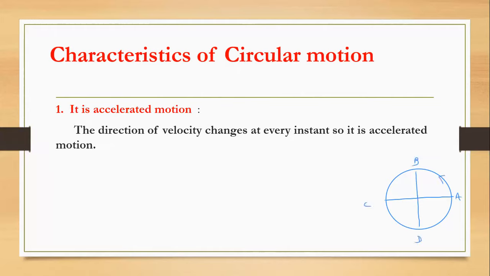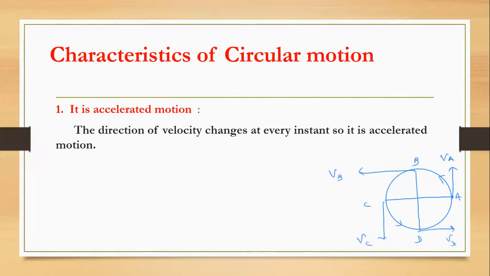It is moving anti-clockwise. Consider the point A. At point A, the direction of the velocity is this. At point B, this is the direction of velocity in circular motion. At point C, this is the direction. At point D, this is the direction of the velocity.